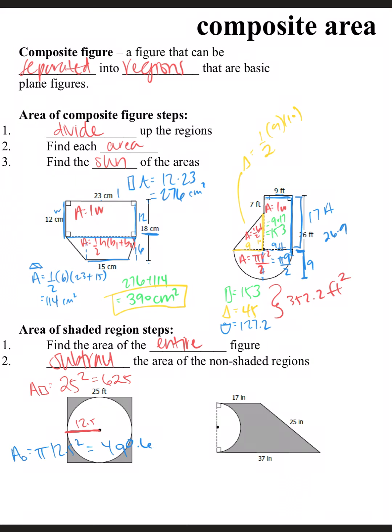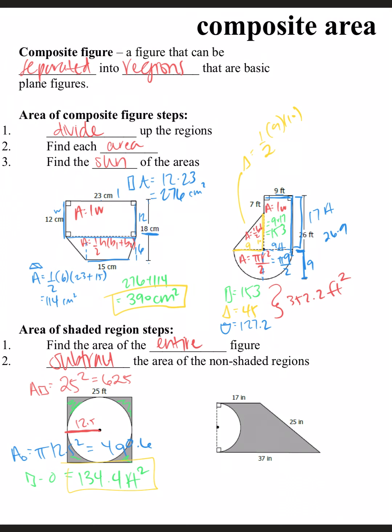We want the shaded region, meaning these pieces here, so I'm going to take the square minus the circle. That's 134.4 feet squared. This is the shaded area only.